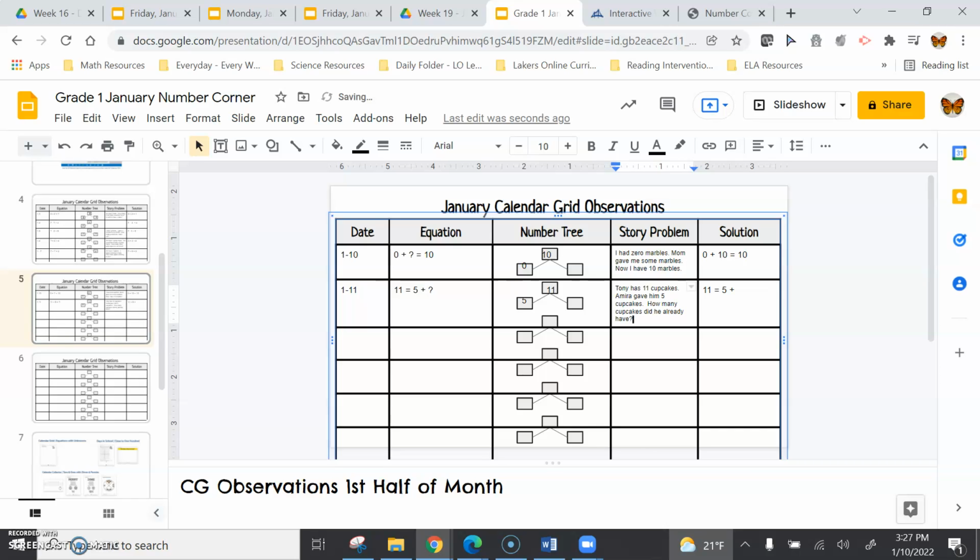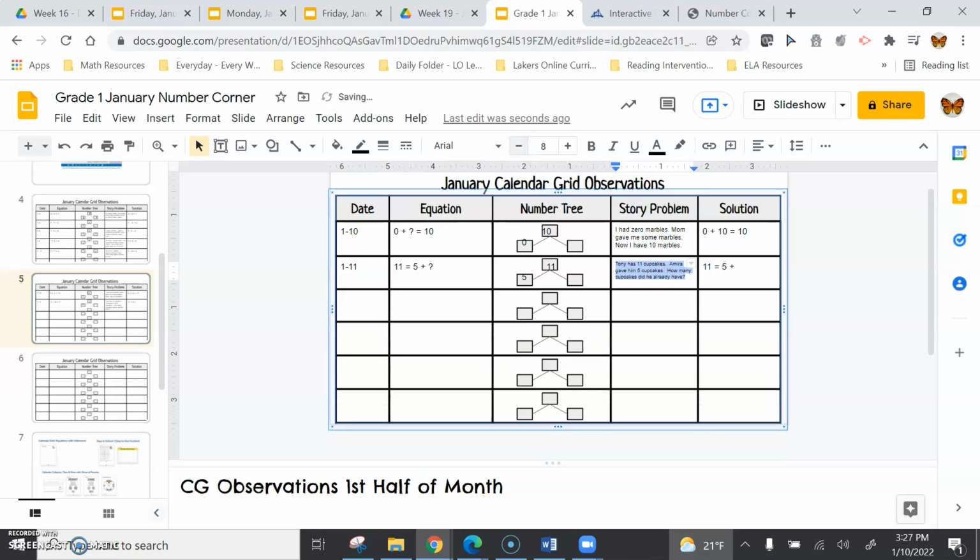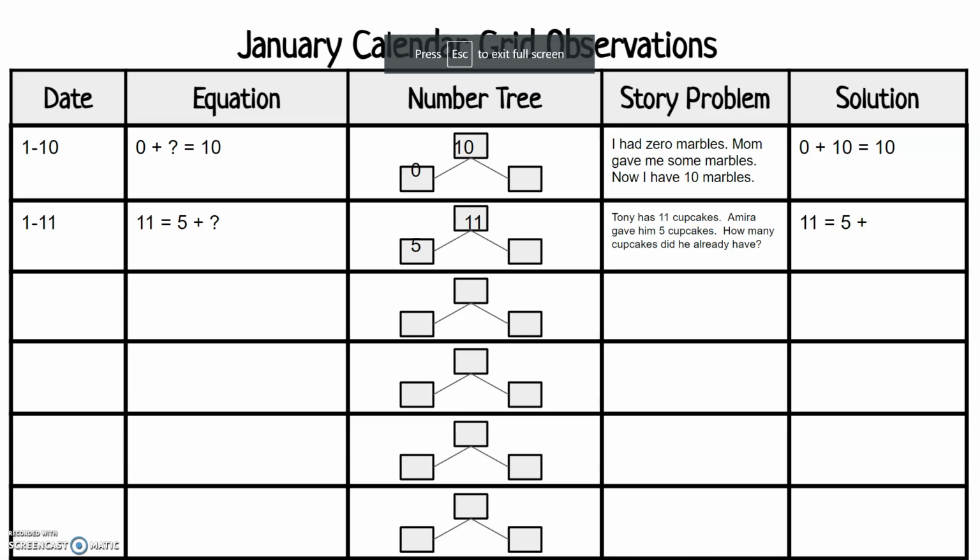So let's think about that. If we have 11 as our big number, what plus 5 would equal 11? That's what we have to figure out. Again, we've talked about a strategy you can use.